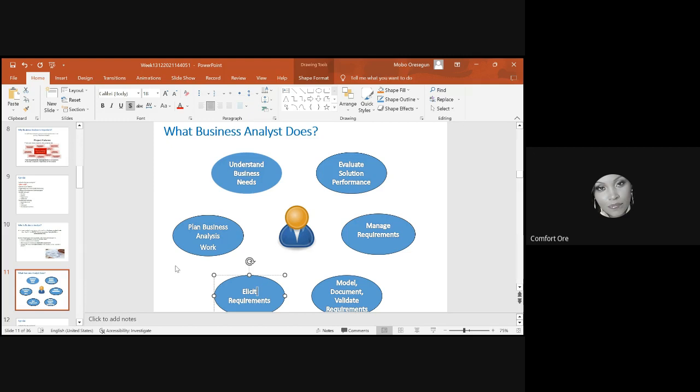So that's elicitation requirement. At that time too, you also need to be able to manage your requirements. So you have to adequately store this information. You have to be able to make reference to your findings. You have to be able to maybe draw conclusions.